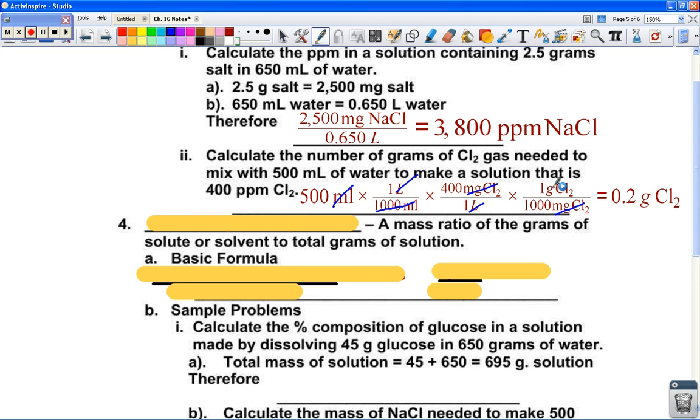And all of a sudden, there's our gram unit. We're left with our gram unit, and that turns out to be 0.02 grams of Cl2. And that's pretty much it. Okay, trust your units. We should have some practice with this cross canceling by now. And you will have plenty of practice problems to accomplish.